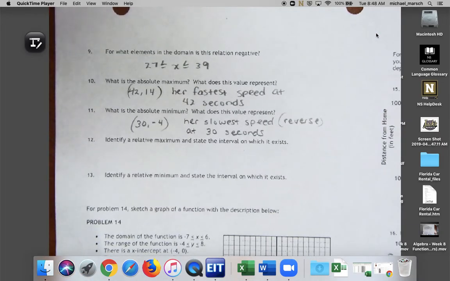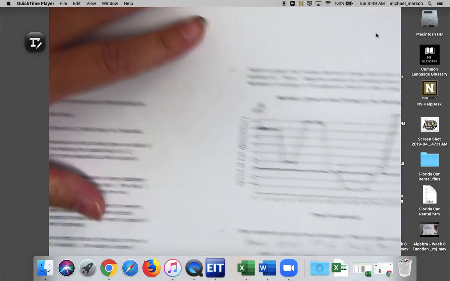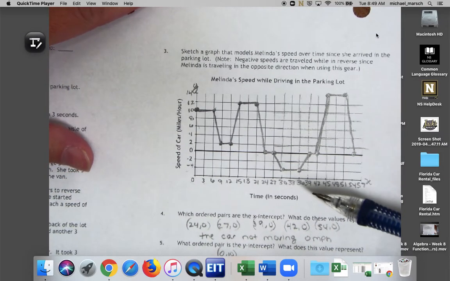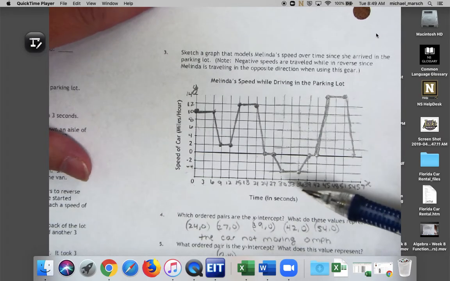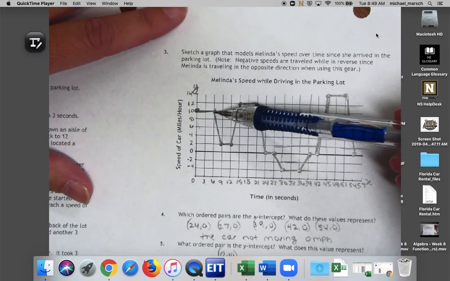Identify a relative maximum, state the interval at which it exists. Identify a relative minimum. So remember, relative maximums and relative minimums are not the highest point, but they still are considered a peak. So I could have this as a relative maximum because it's a peak, but it's not the highest.